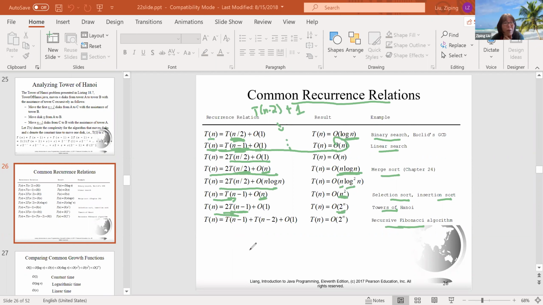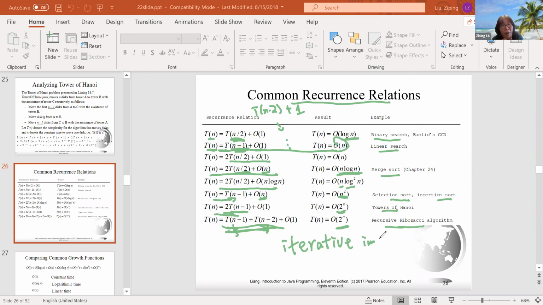It can be completed in an iterative way, but you can also do it recursively, using the previous two results. That's how you get T(n minus 1) and T(n minus 2). In this case, it's going to be 2 to the n.